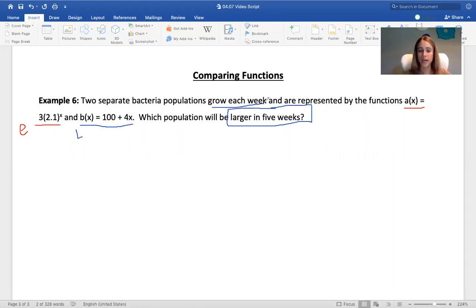So that growing is going to be my x, because I want to know the total population. So that's our a of x and our b of x.